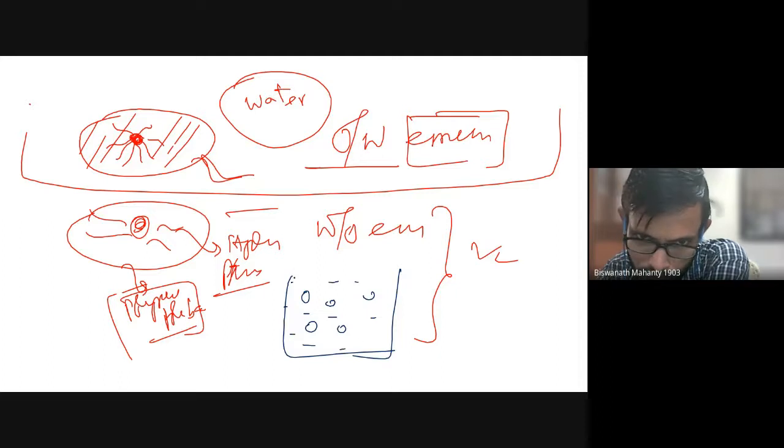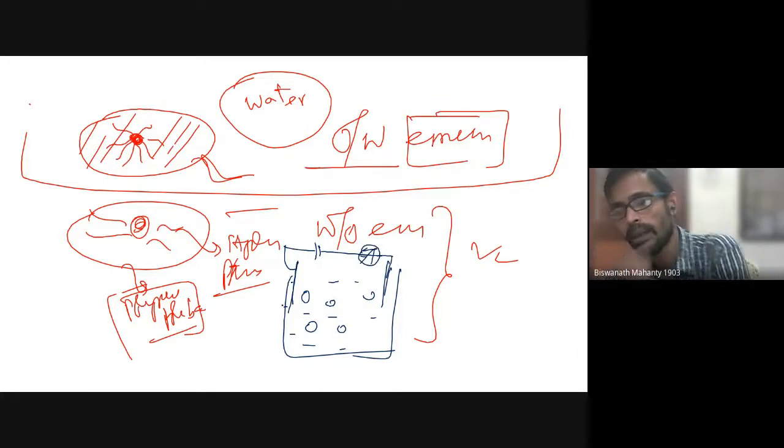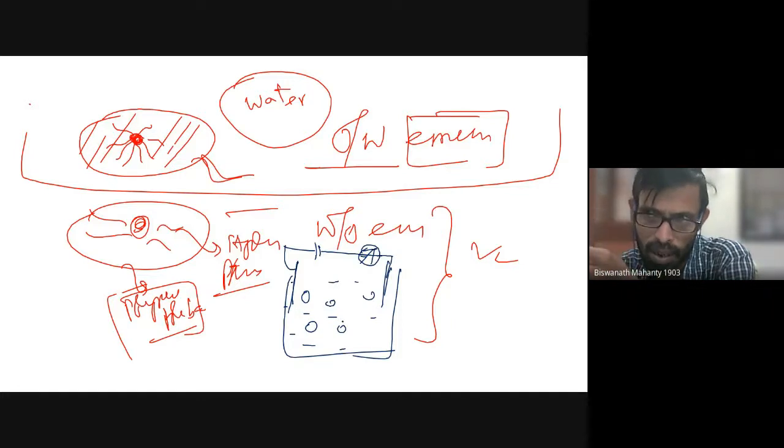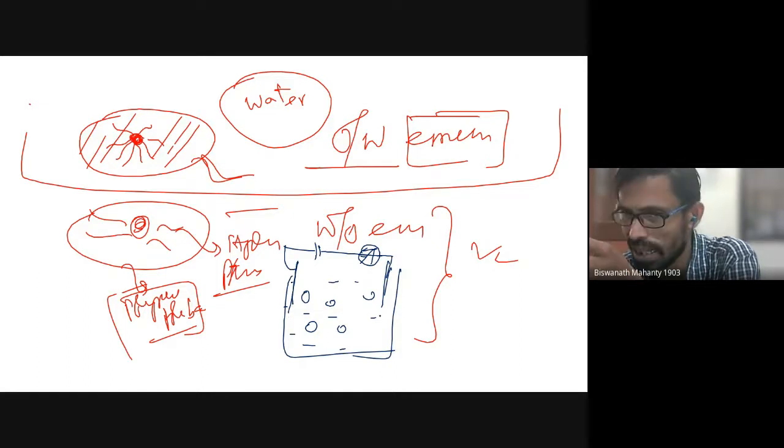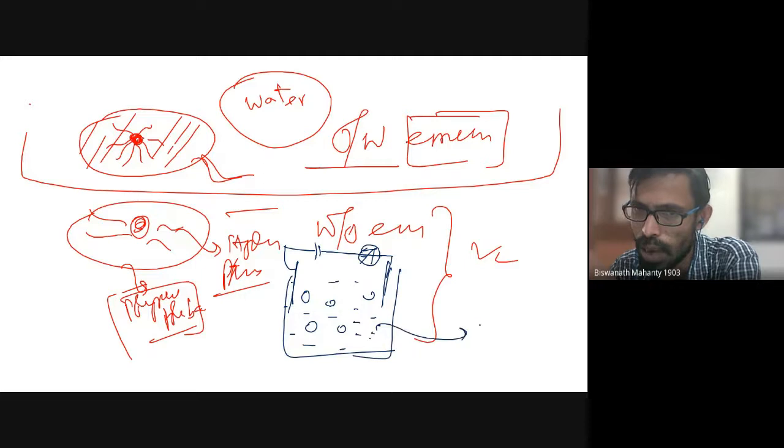If I put some electrodes here, positive and negative, and connect them, we are going to measure the current flow through this route. Water is there, and definitely it will not be pure water, there is salt. So it will conduct electricity if the outer phase is water.